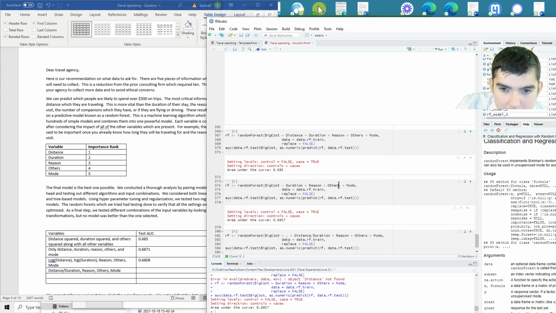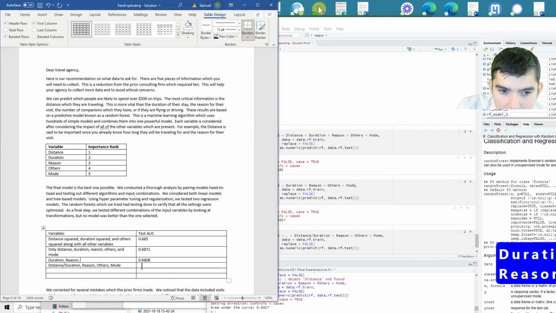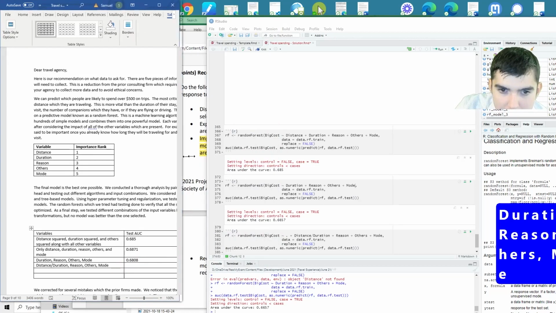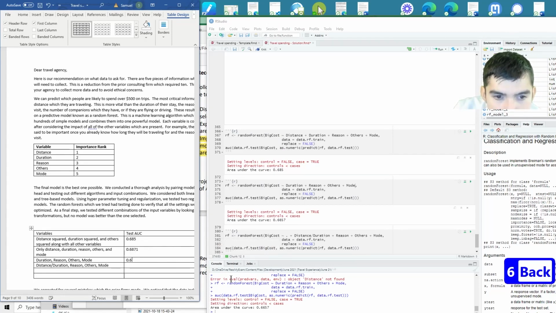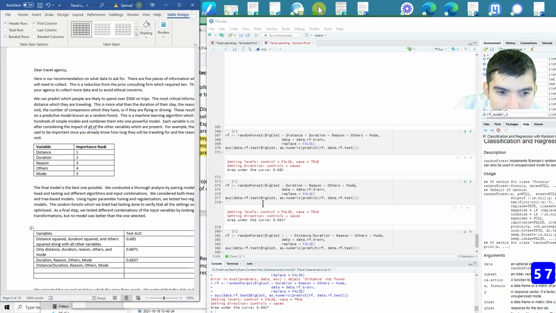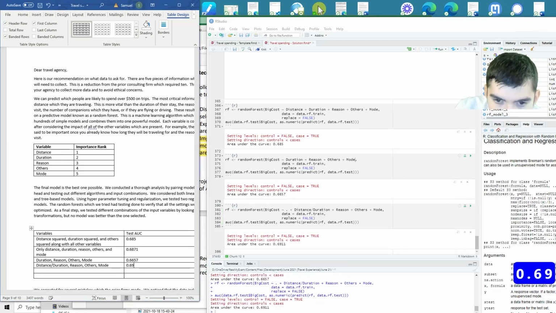This is just duration, reason, others, mode. And this is 0.6. You can see what I'm doing: you just basically try out other combinations of things and see what happens. 0.6911.